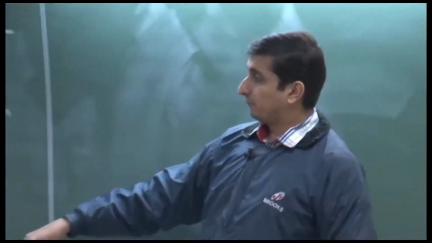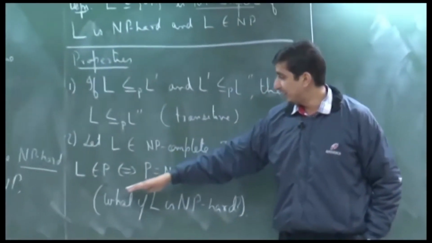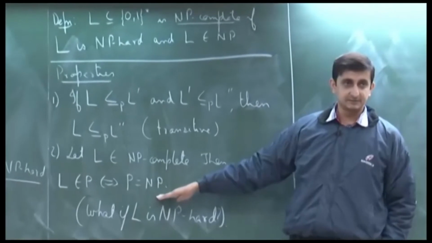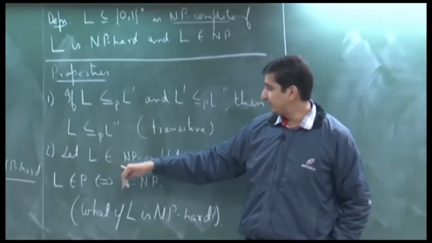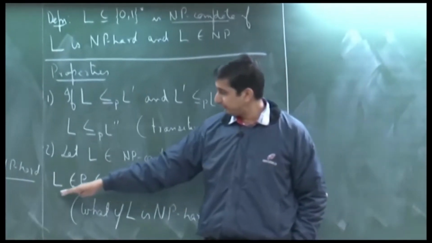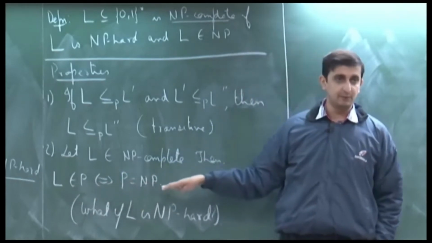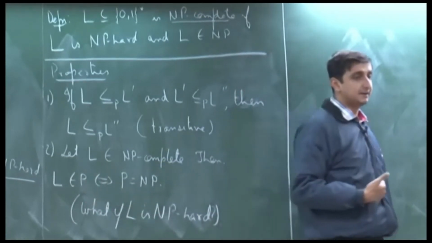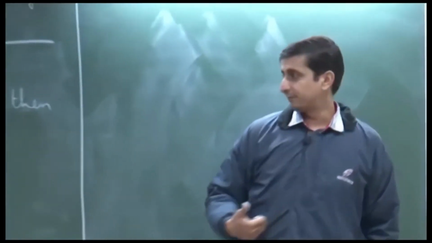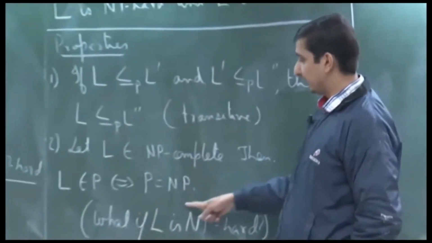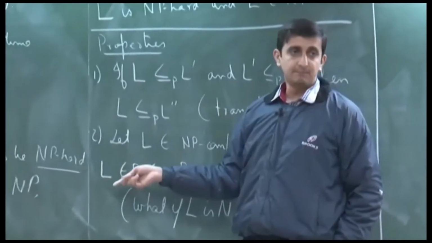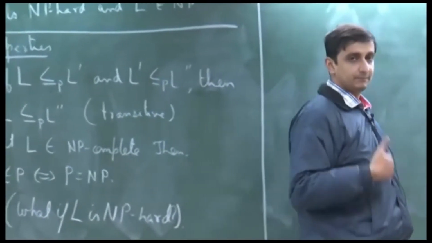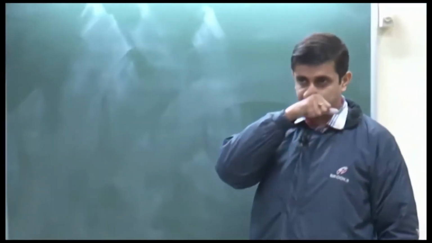Exactly. So, yeah, basically we can conclude one of the directions, right. So, if we assume L to be NP hard, then if L is in P, it would imply P is equal to NP, but the other way need not necessarily be true. Okay. So, if L is NP hard and P is equal to NP, it need not imply that L will also belong to P, because as you said it is a wider set.